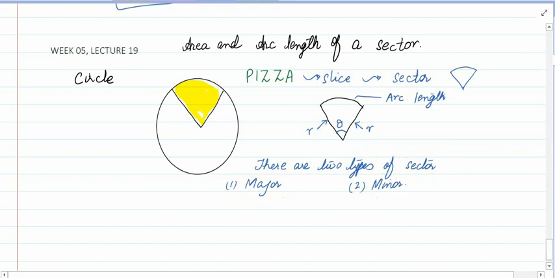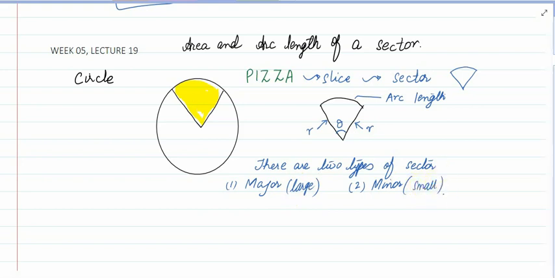As you can see, their name identifies their property, that major sector is a larger one, right? And minor sector is a smaller one. So what quantity or what property differentiates between these two, major and minor? So that property is basically angle. Angle decides the sector is major or minor.